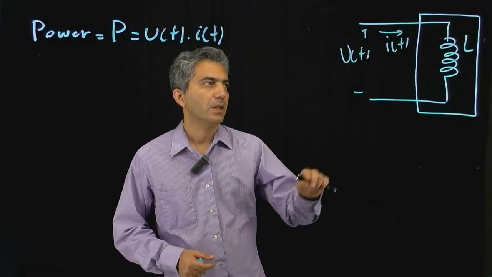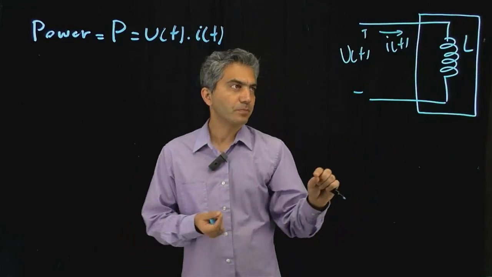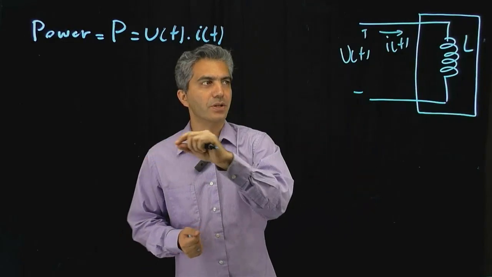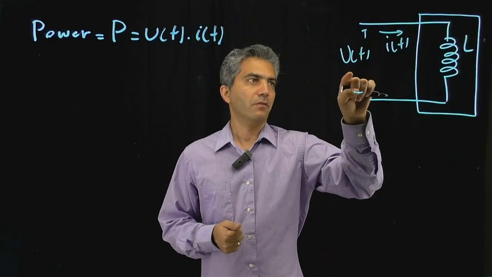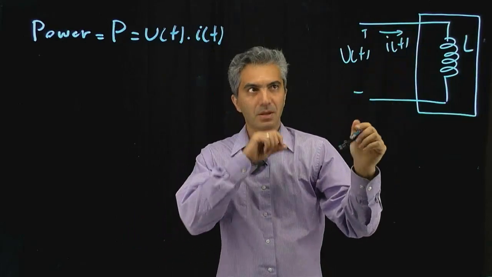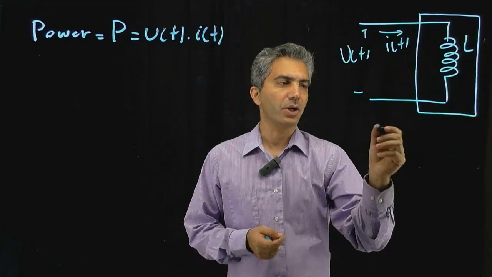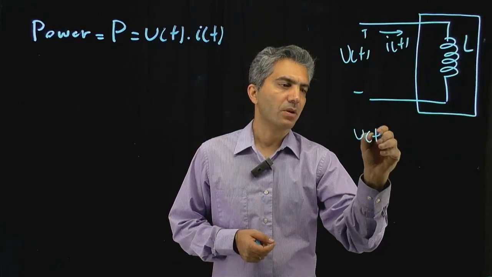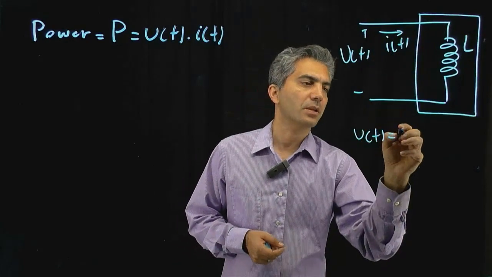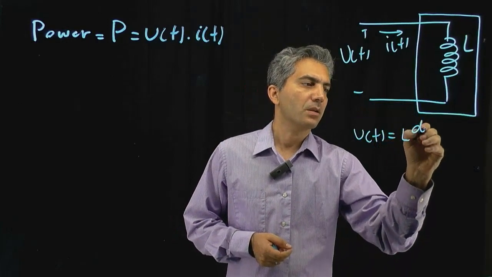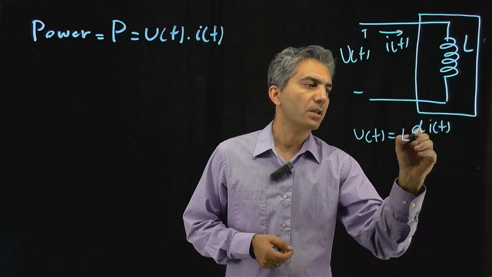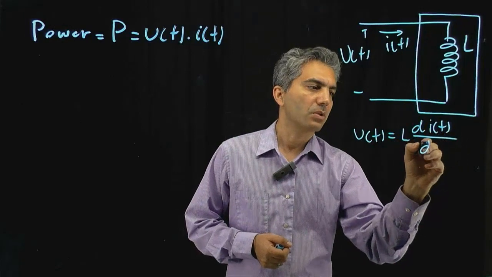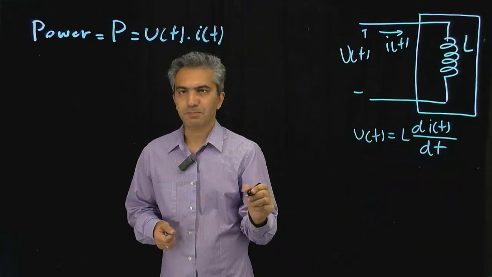Okay, now in the case of an inductor, the situation is different in the sense that the voltage and current relationship is defined with a different equation, obviously. So we already know that the voltage across the inductor is equal to the inductance times the derivative of the current that is passing through the inductor with respect to time.